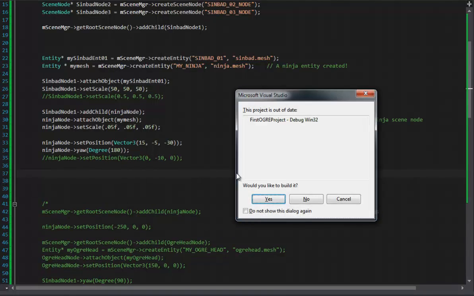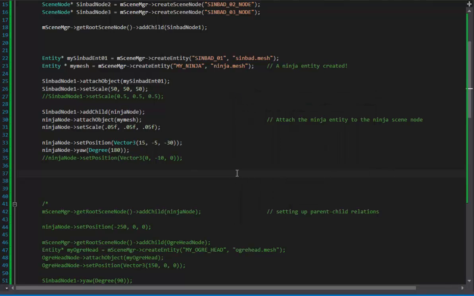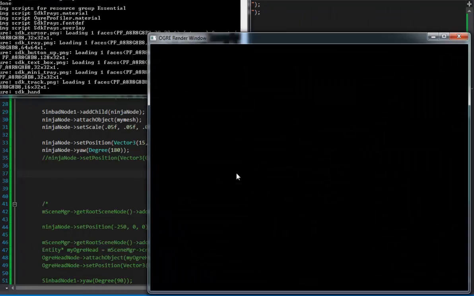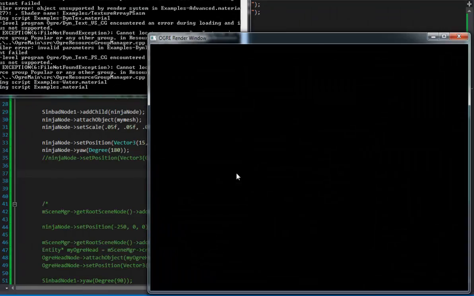So let me just rerun this so we'll get a view of how it looks, and then we're going to create a couple of these objects and nodes and make them move about.